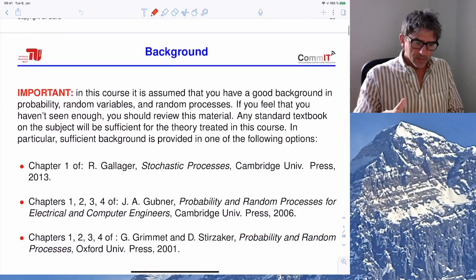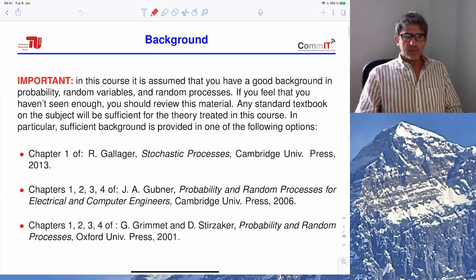Before entering the treatment of these information theoretic quantities, I want to stress the fact that it is very important in this course to have a decent background in elementary probability, random variables, and a little bit of random processes.